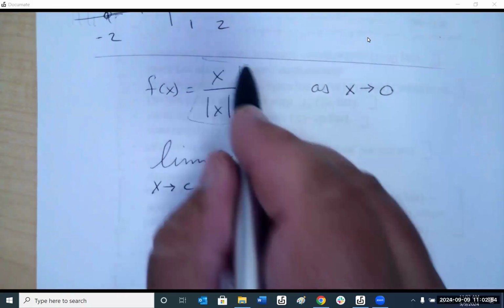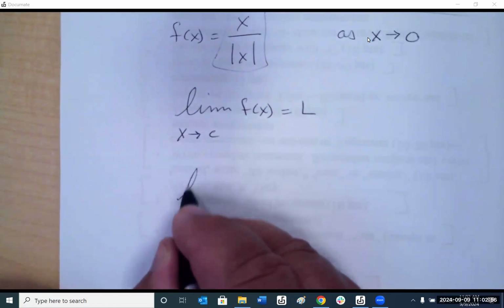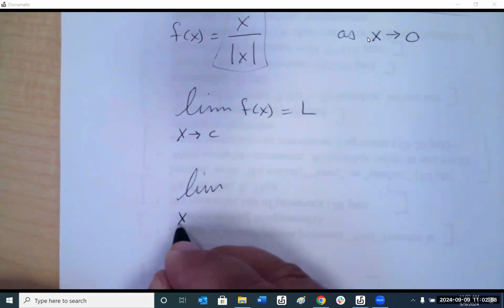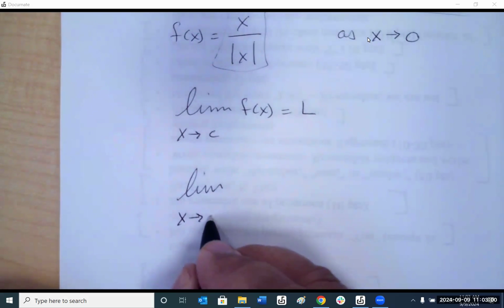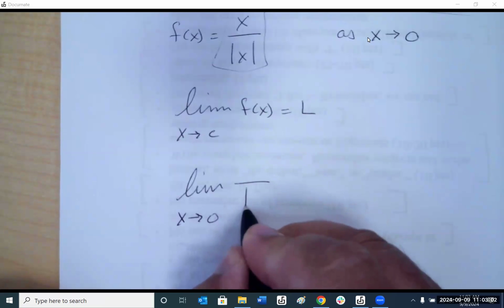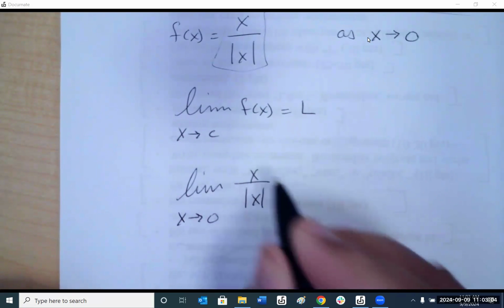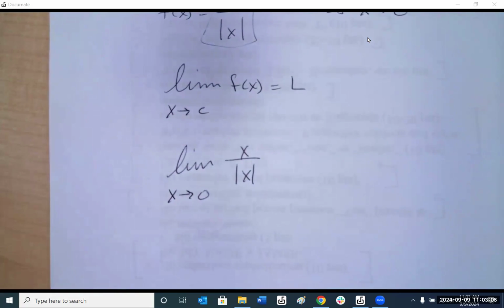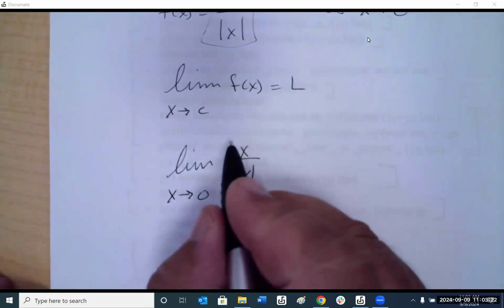So does this limit work as x approaches 0 of this equation? The first thing you want to do is plug in 0. Does that work? No, we have 0 over 0. Unfortunately, we can't do too much with this equation, so we'll look at another way.